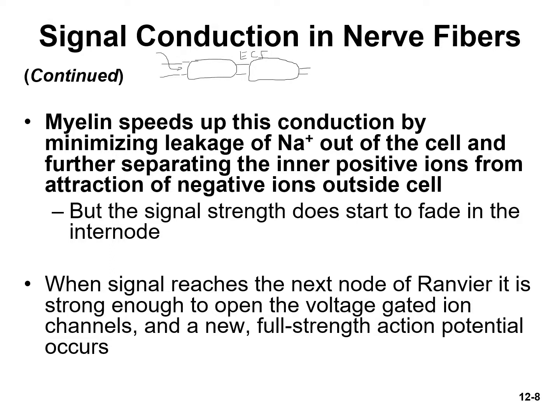Remember that opposites attract. So if there are lots of positively charged ions within this cell environment due to that influx of sodium ions, they are going to be attracted to any negatively charged ions that are in the ECF.